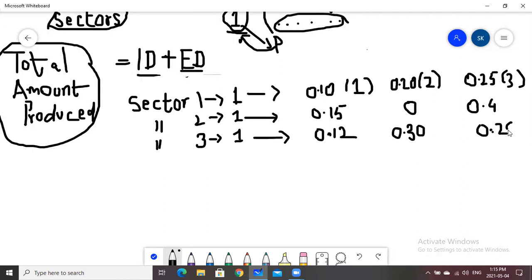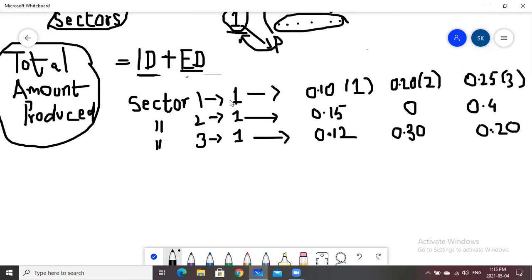This is the data we have for producing 1 unit of product for each sector: how much of the other sectors' and the same sector's product is required to produce 1 unit of product.